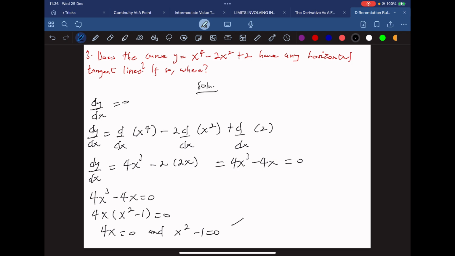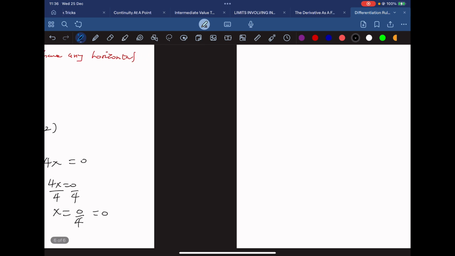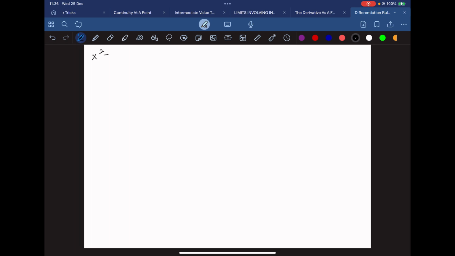For 4x equal to 0, if you divide through by 4, x is equal to 0 over 4, which is just 0. And for x squared minus 1 equal to 0, remember this is a difference of two squares. So this is the same as x minus 1, x plus 1 equal to 0. So x is equal to 1 or x is equal to minus 1.